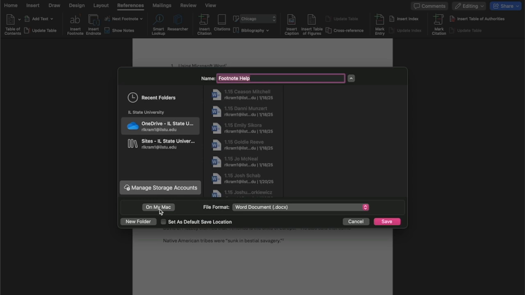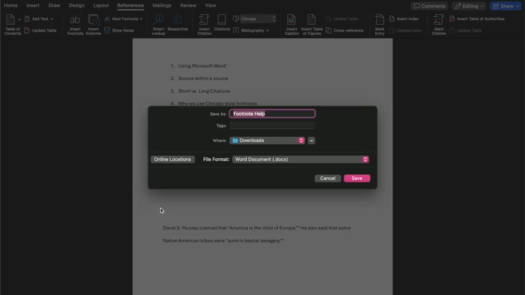And then make sure you hit On My Mac. I would imagine maybe on another computer it says something different, but for me and for other fellow MacBook users, you want to hit On My Mac. And then from here, you will hit save, and that will save it as a .docx. Then you can go and submit it.